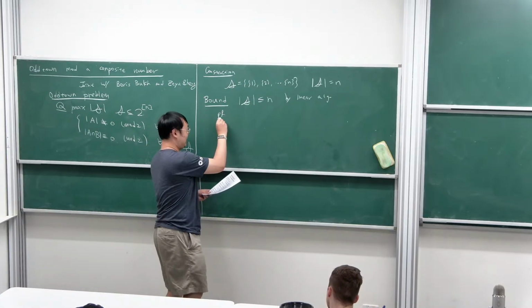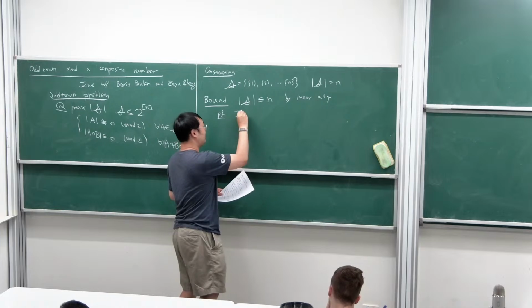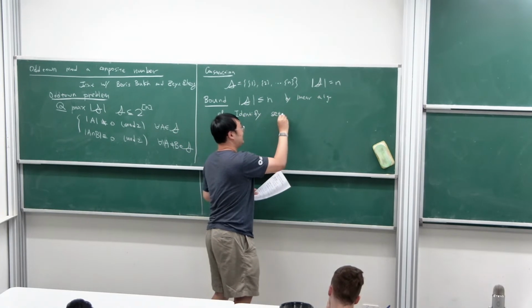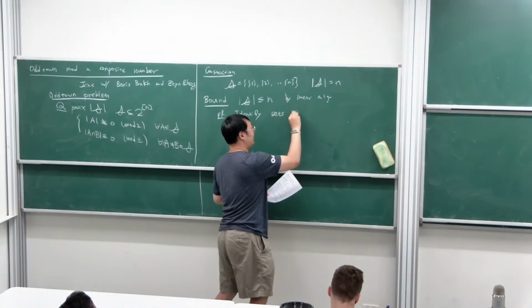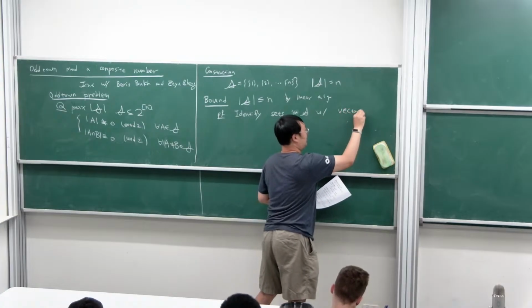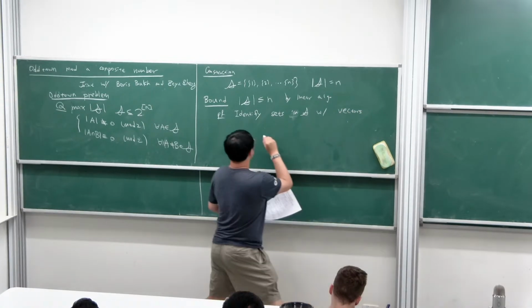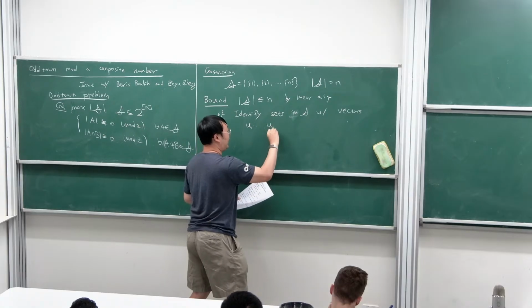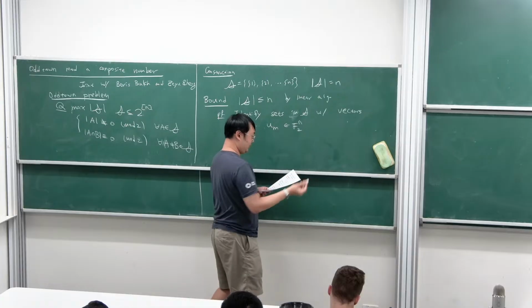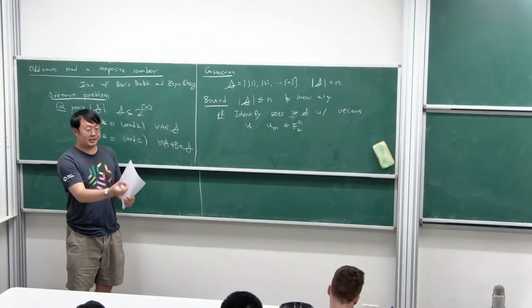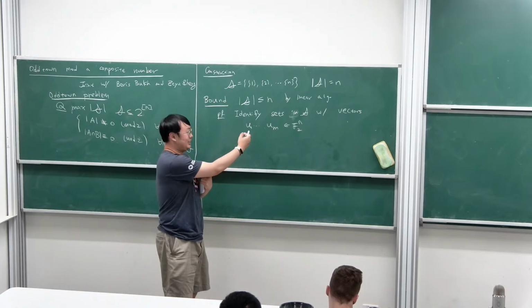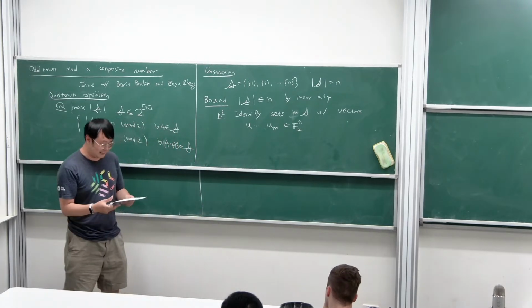So the proof is that you identify the sets in A with vectors u1 to um, assuming there are m sets, in F2 to the n. For each entry, if it is 0, the member is not inside this club, and if it is 1, the member is inside this club, and so on.